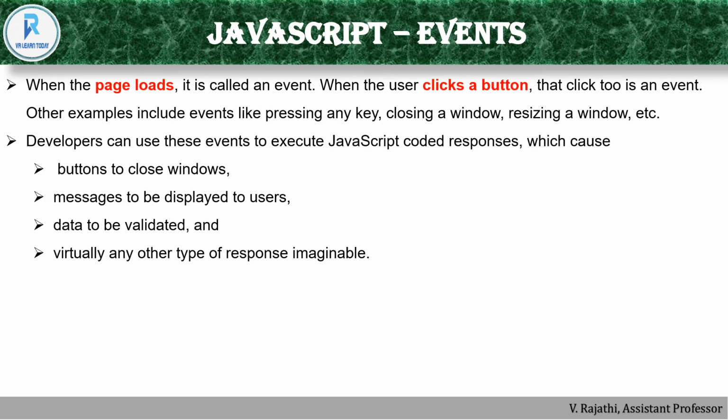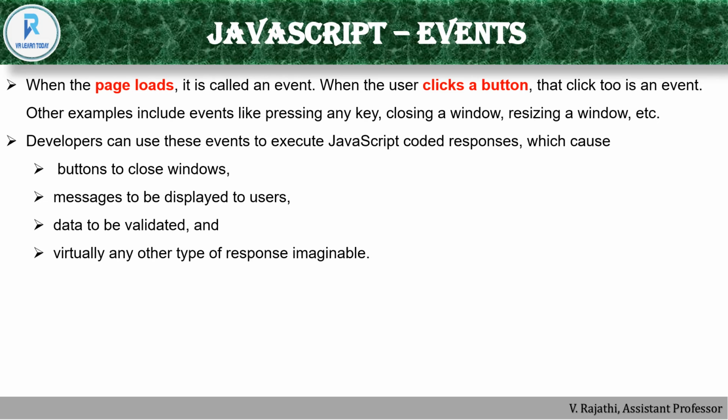And then events. This is a very main concept, actually, because before that we were seeing decision making, looping, break statement, continue, switch case, everything that we already use in any languages. But events play a main role in JavaScript.